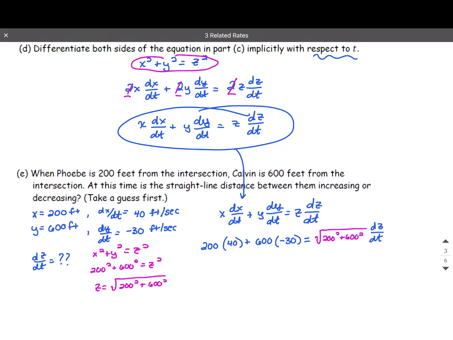Okay, so that means, let's see, we've got 8,000 minus 18,000. And if I want dz/dt by itself, we're going to have to divide this by the square root of 200 squared plus 600 squared. Now you're going to go to your calculator, and you're going to carefully put that in your calculator.